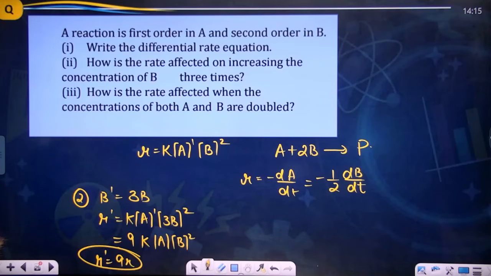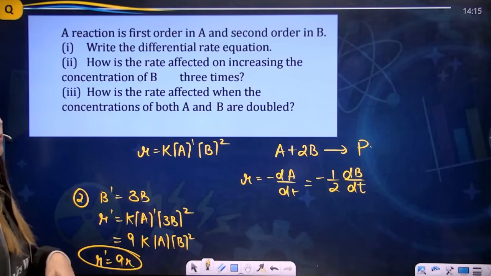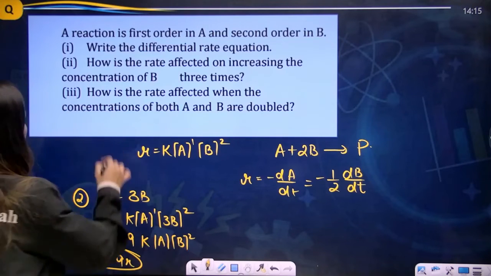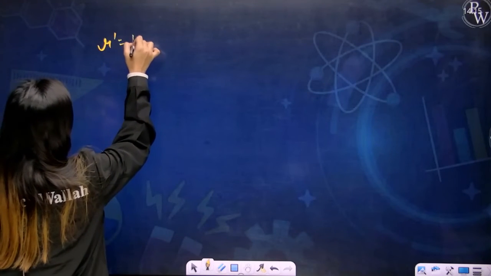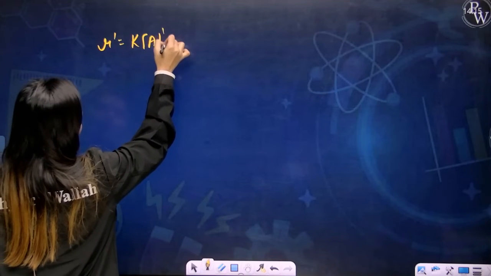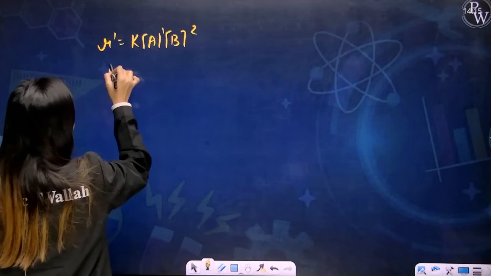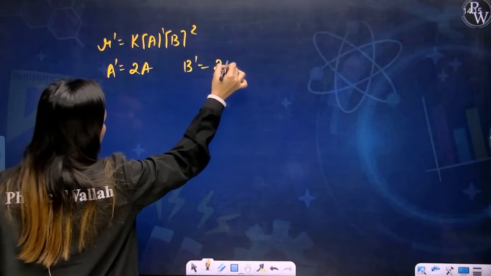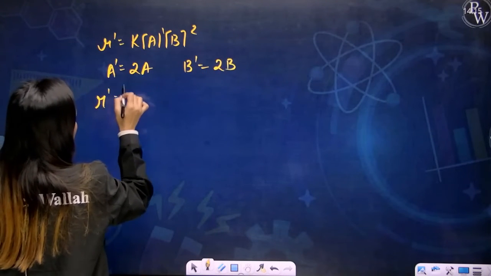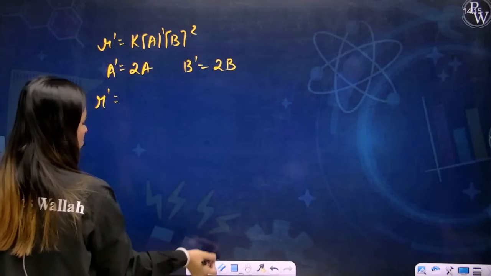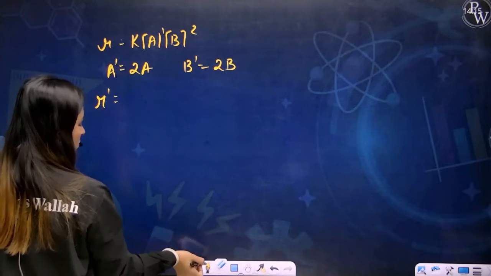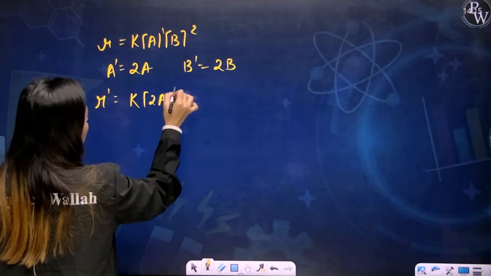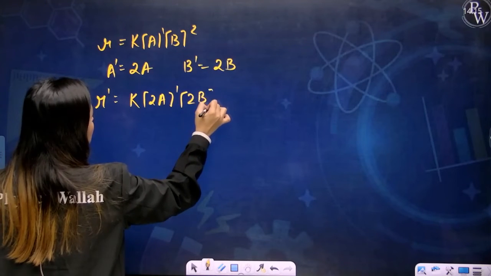Let's see the third part. How is the rate affected when the concentration of both A and B are doubled? R dash is equal to K A power 1 B whole square. Now your A dash is 2 times of A and your B dash is 2 times of B. So your R dash would be equal to K into 2A power 1 and 2B power 2.